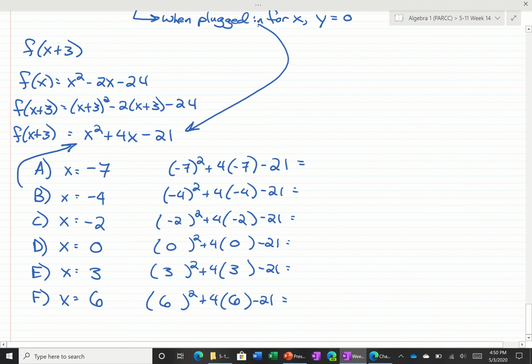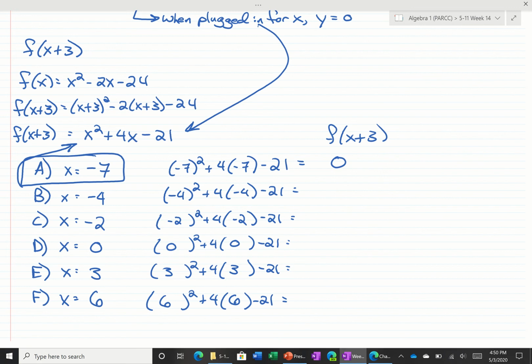All right, so let's see what happens here. Okay, so I'm going to plug in negative 7 for all the x's. And if we do that, our f of x plus 3, meaning the value, would be 0. So that means that negative 7 is definitely a zero. Let's plug in negative 4.